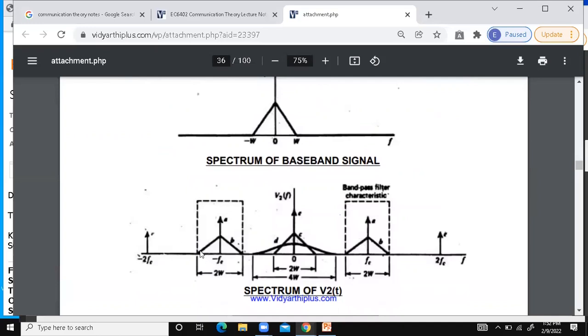And this now is combined with your carrier frequency. All right? So the information, which is this, gets combined with your carrier frequency. And you get this after it goes through the filter. Okay, sir, understood.